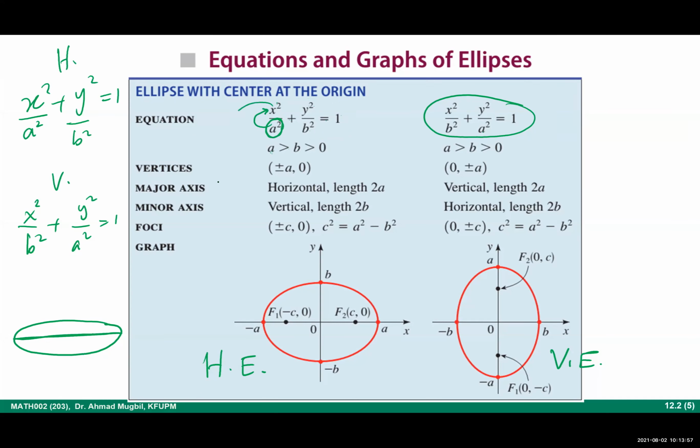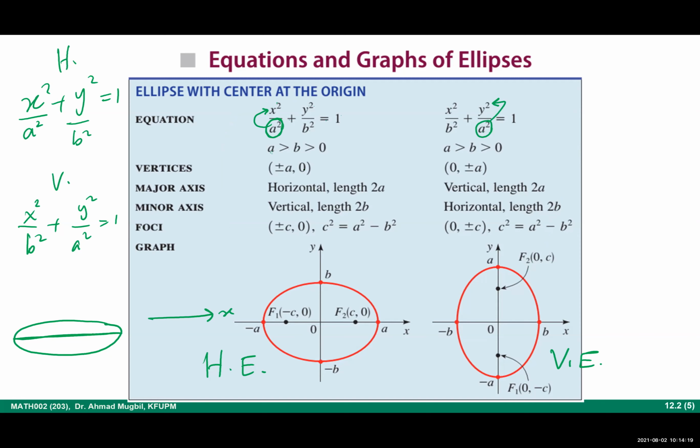Under x. So it is horizontal. You know that the x-axis is horizontal. Now, when the bigger denominator is under y, y is vertical, so it is a vertical ellipse. This is how to recognize whether it is horizontal or vertical. Look at the bigger denominator.